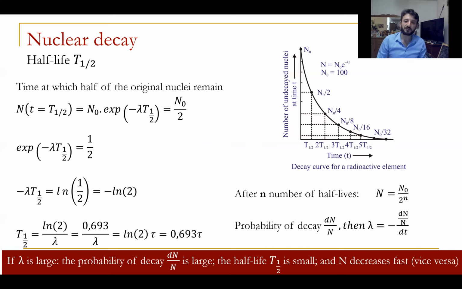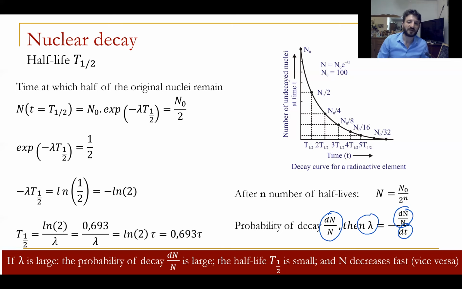The second point, what is the probability of decay? It is delta N divided by N. So the probability of decay is delta N divided by N, and lambda equals minus delta N divided by N divided by t.